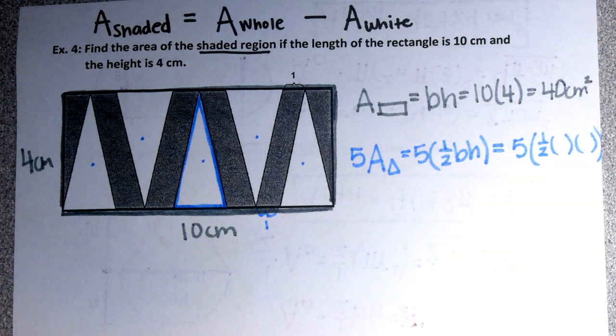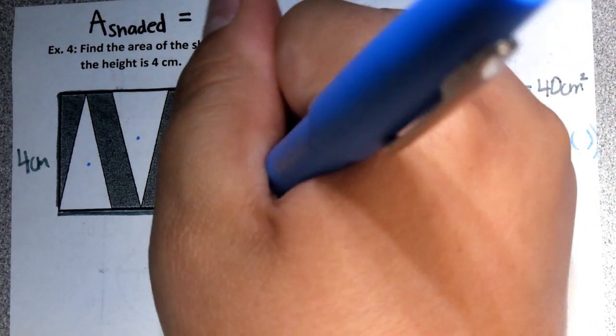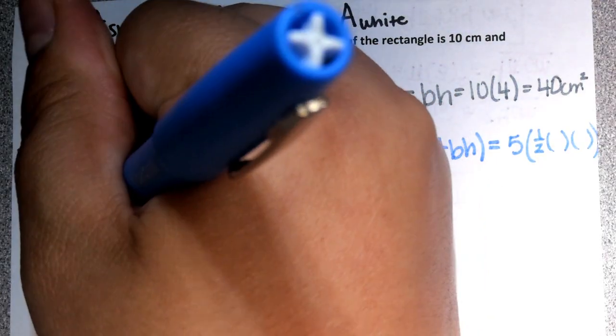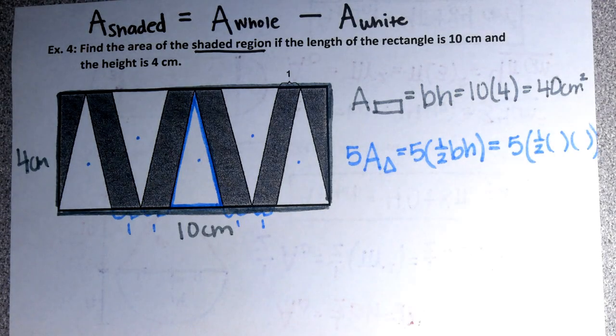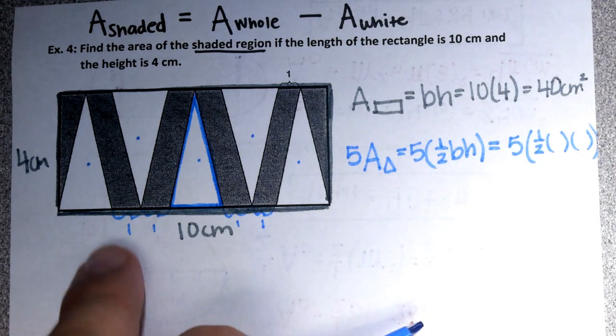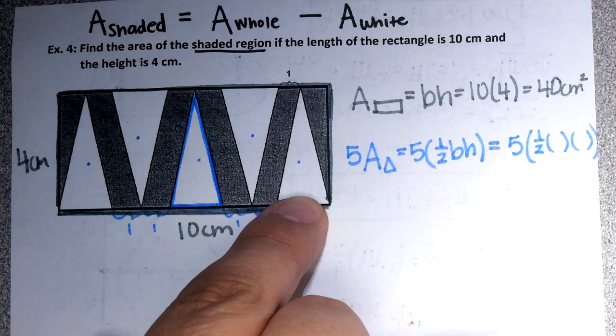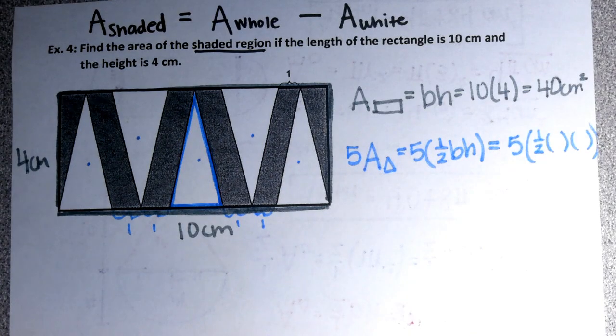Yeah. And so is this one, and this one, and this one. Wait, Miss Ella, would it work if you just do 10 divided by 5 because there's 5 triangles? You can't assume that because how many bases are here? So 3. Yeah, and I get what you're saying.